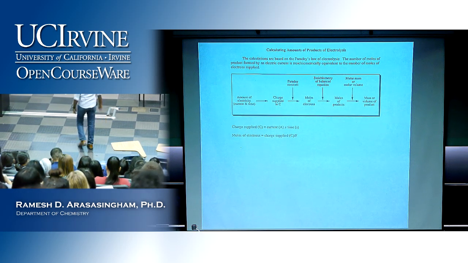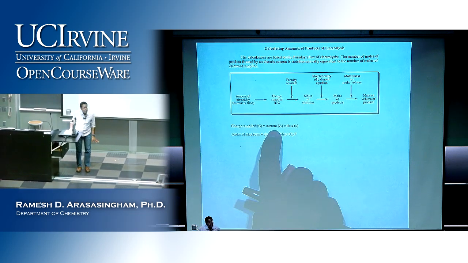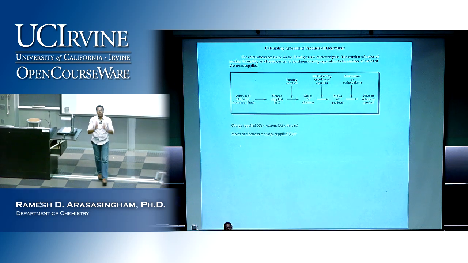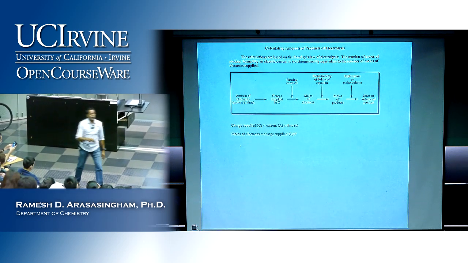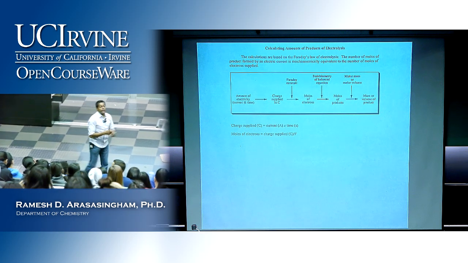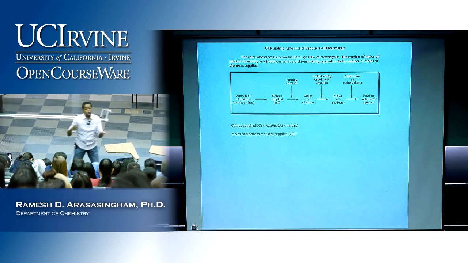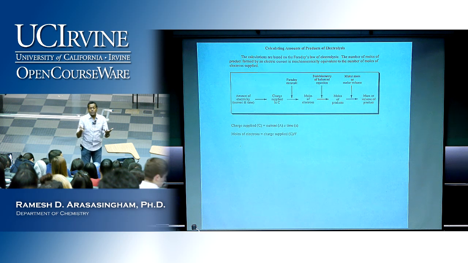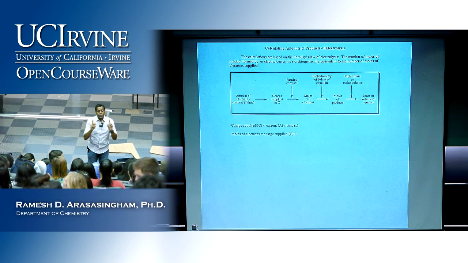If you want to know the amount of charge that you supplied, the charge is always the current in amperes times the time in seconds. What you end up with is the charge supplied, in units of coulombs. Ampere second is actually coulombs. Got it? Now you know the charge you've supplied, which is in coulombs.